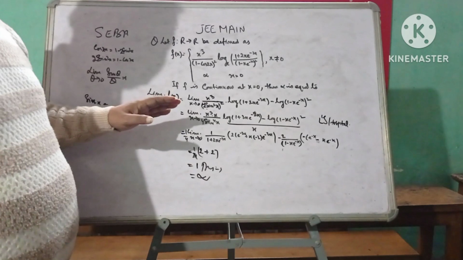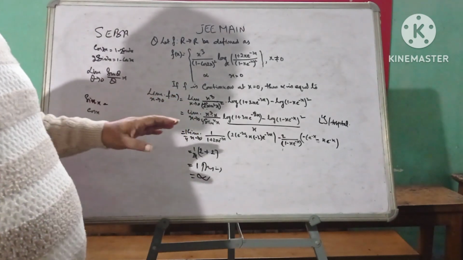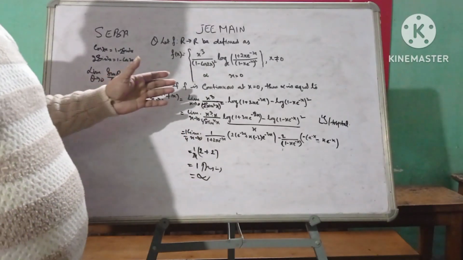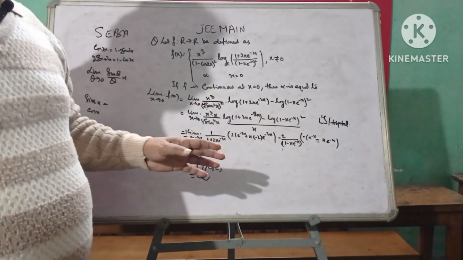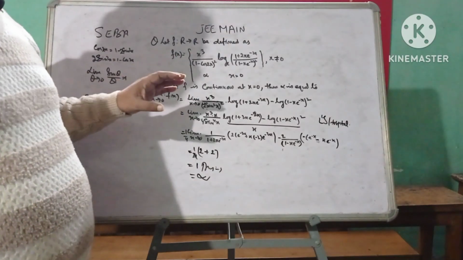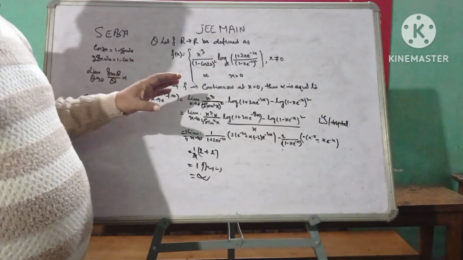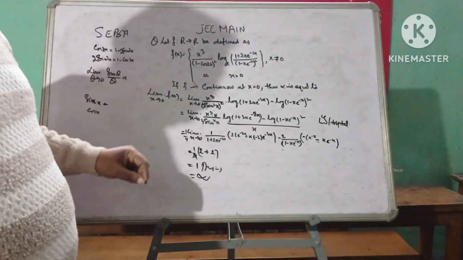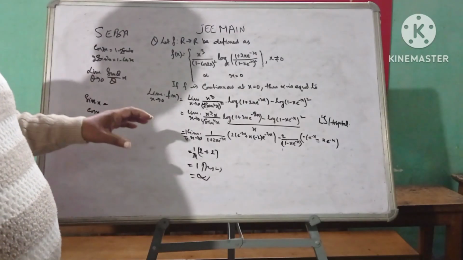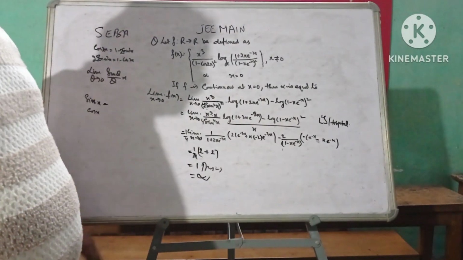At the same time, we have to solve the 3 years PYQs, previous year questions. So our first objective is to teach the students how to solve the 3 years PYQ questions. With this objective, I have made this video. Thank you.